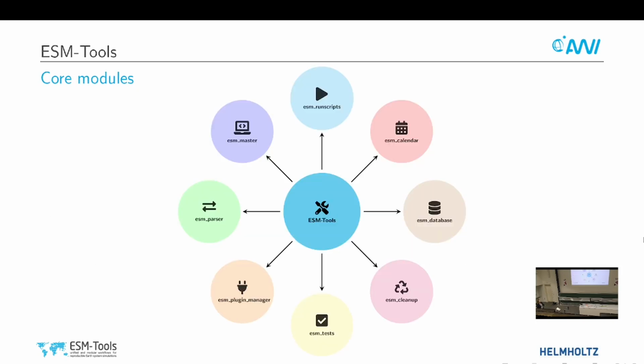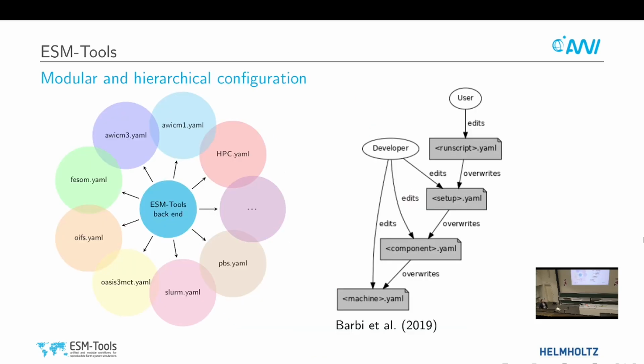So maybe this is the source code. It's modular. It's basically different Python modules, and I can skip this. What's maybe more important is that for each component, each model setup and HPC resource, there is its own configuration file.